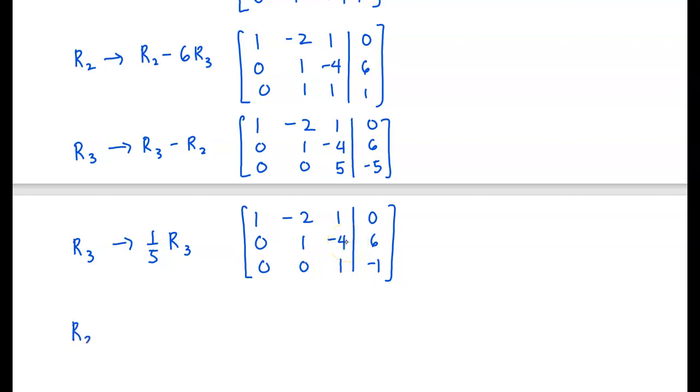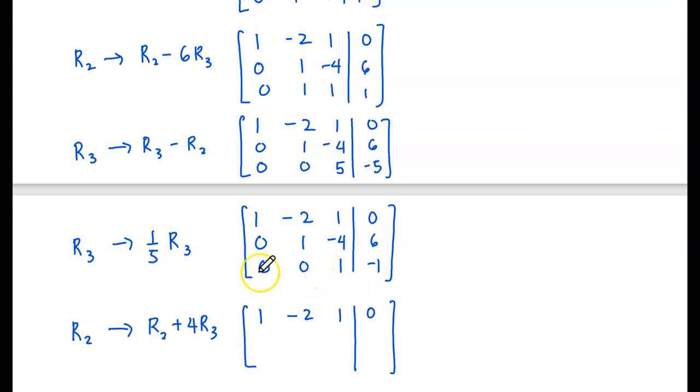So row 2, you want that to be 0. So what you would do is you would add 4 times row 3. So if I multiply this by 4 and add it here, I obtain 0. So copy the first row. And then for the second row, I will replace it by multiplying the third row by 4.